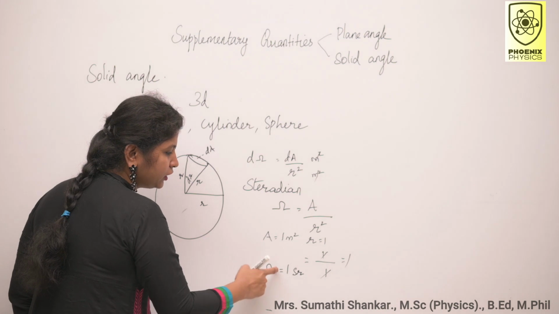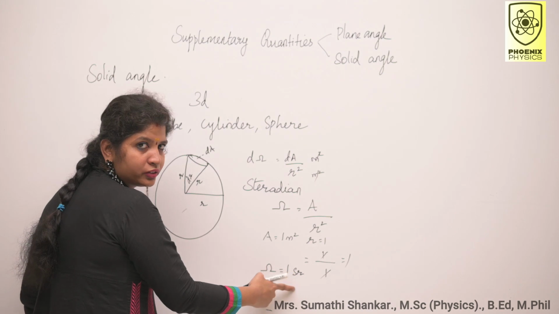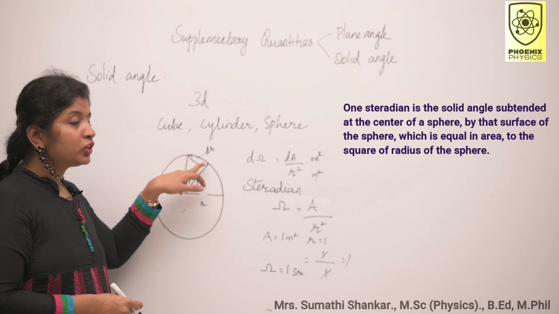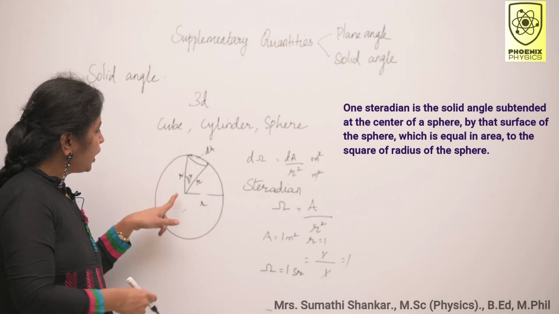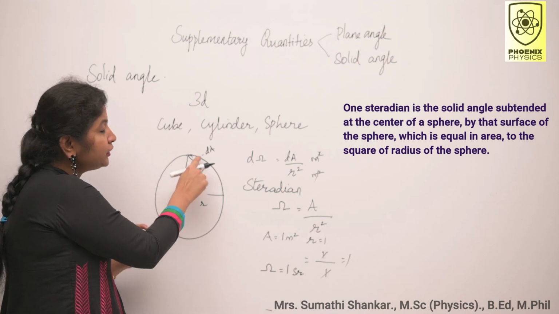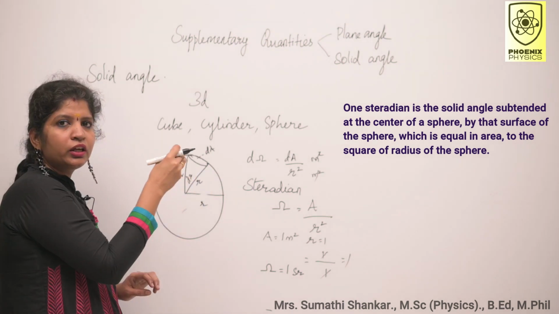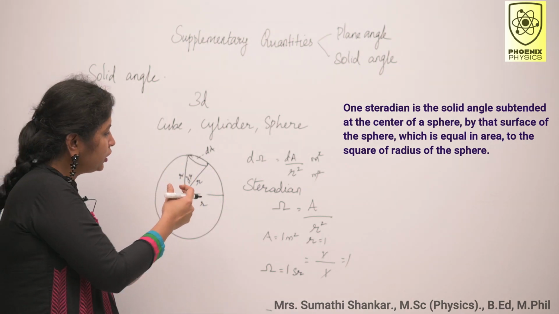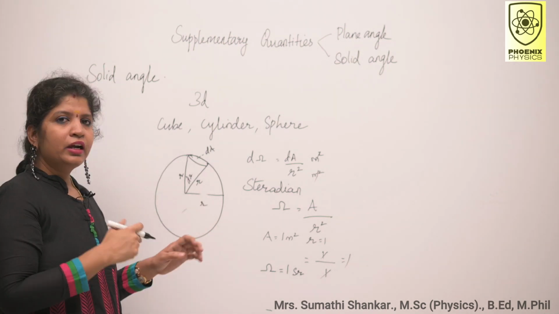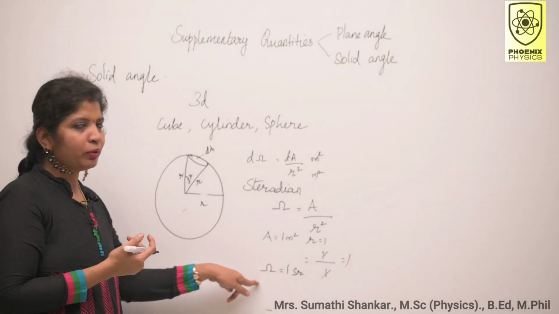This solid angle is 1 steradian. 1 steradian is the solid angle subtended at the center of the sphere by the surface area equal to the square of the radius of the sphere. Up to this clear?